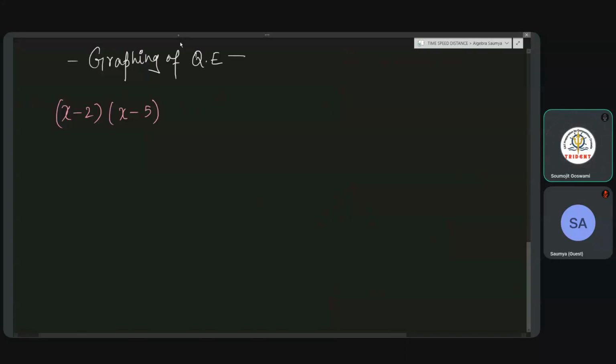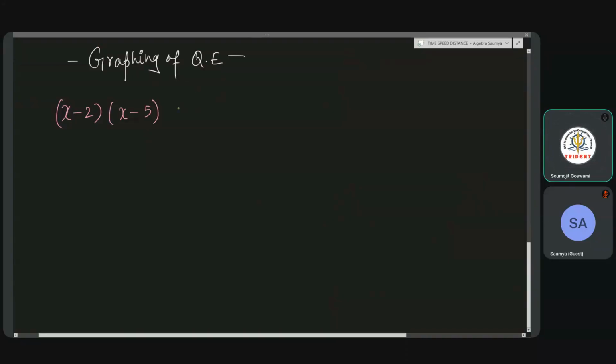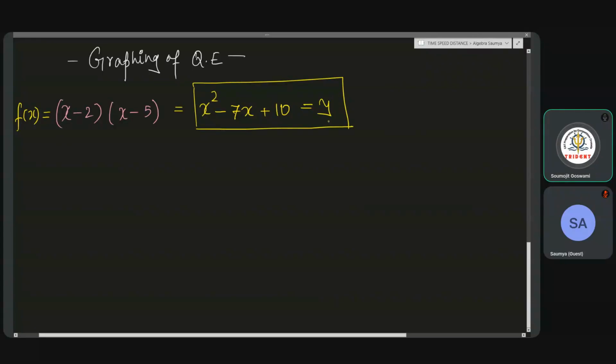So the quadratic equation is x square minus 7x plus 10. This thing can be called y. You can start off by saying that this is a function f of x, but at the end of the day, x square minus 7x plus 10 is equal to y. We can represent the function f of x as y.